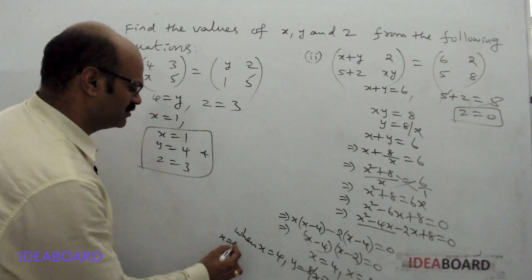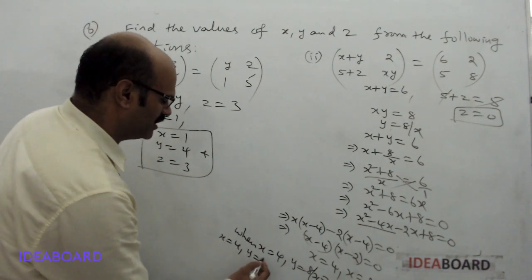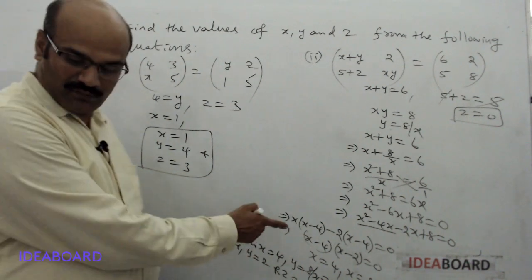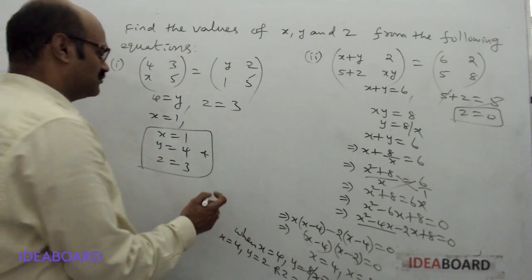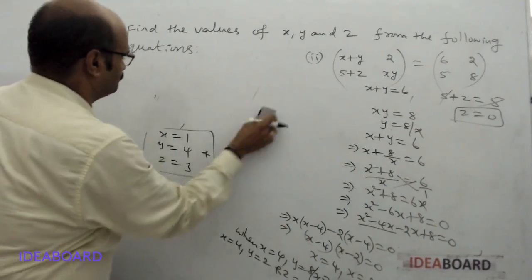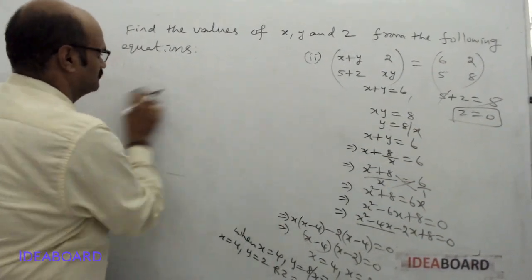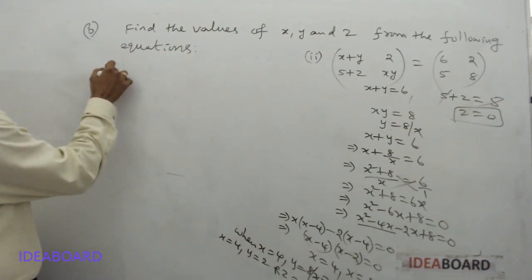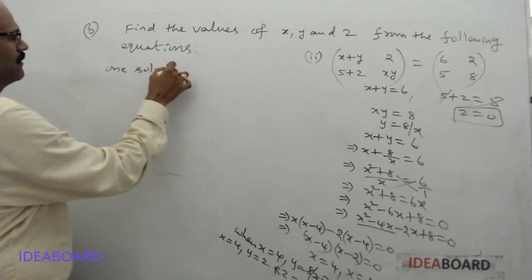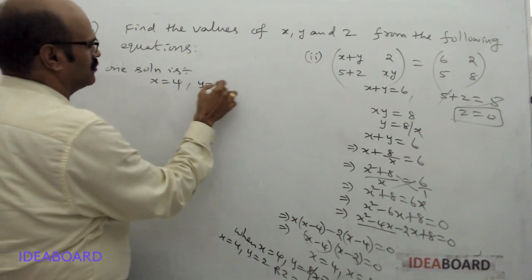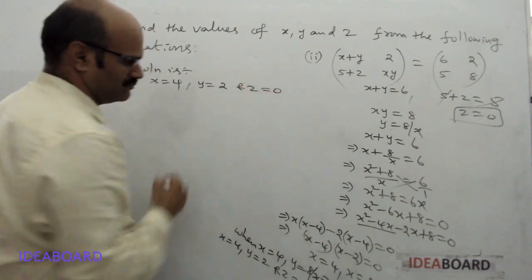So one solution is x equal to 4, y equal to 2 and z equal to 0.